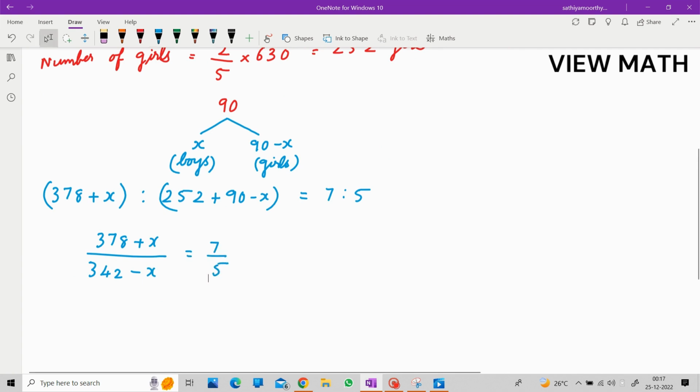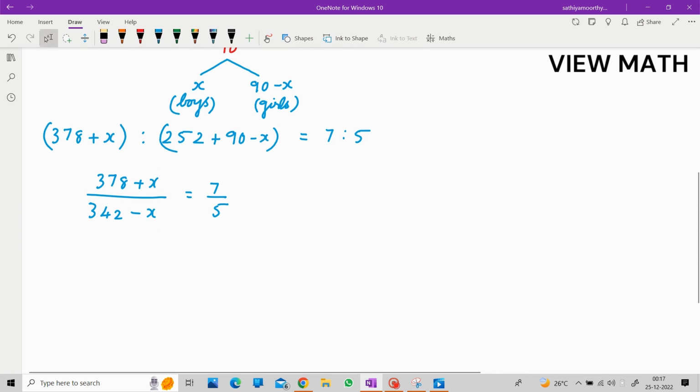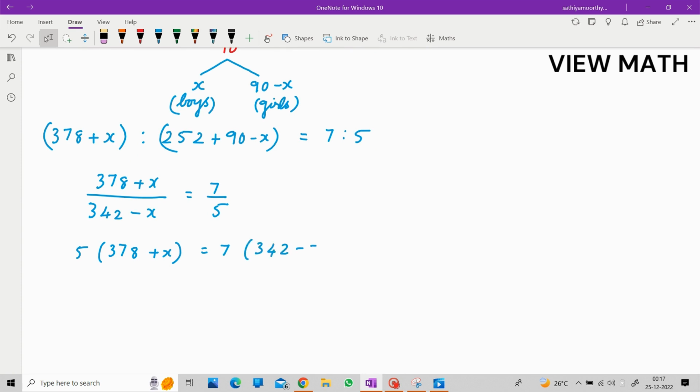Let me cross multiply to find the value of X. 5 into 378 plus X is equal to 7 into 342 minus X. If I multiply, I'm getting 1890 plus 5X is equal to 2394 minus 7X. Let me bring the X term to one side and the remaining term to the other side.